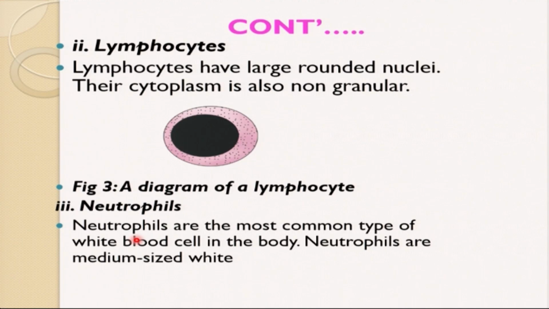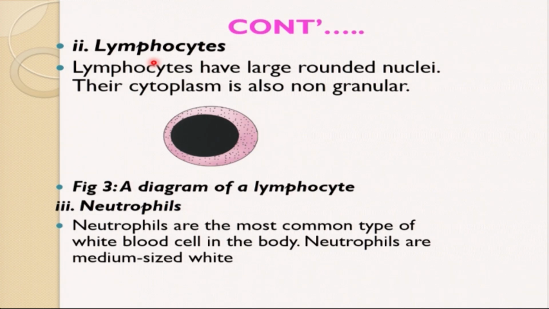We have lymphocytes. Lymphocytes have a large rounded nucleus, and their cytoplasm has no granules. These lymphocytes defend the body by producing what we call antibodies. When the body encounters an antigen, the lymphocytes are stimulated to produce antibodies.